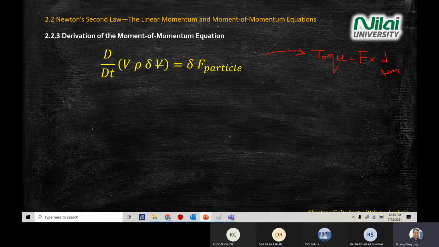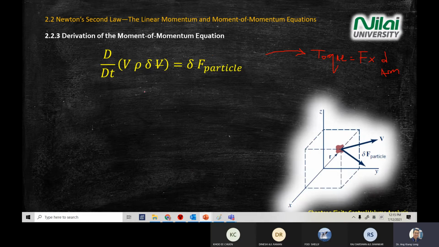If you want to change this equation to torque, we have to do something to it. You agree, right? How are we going to change the left-hand side to a red color equation? We must add something to this side and this side. The only thing that we can add is the arm. So on both sides you multiply by the arm.